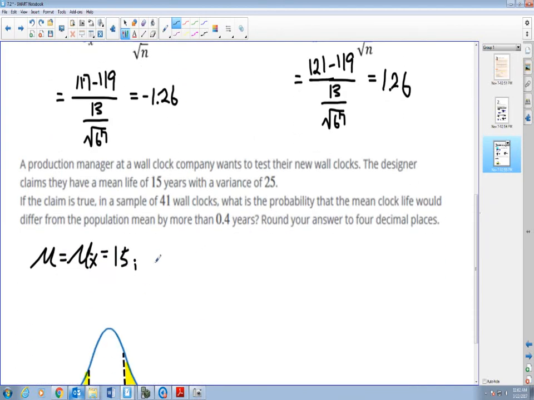The problem gives me a variance of 25, so that means the standard deviation sigma is 5. Sample size 41. Alright, so the standard deviation of the x bar is going to be 5, the population standard deviation, divided by the square root of that 41.